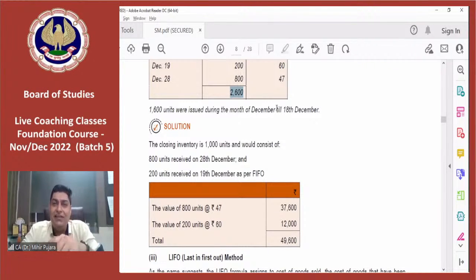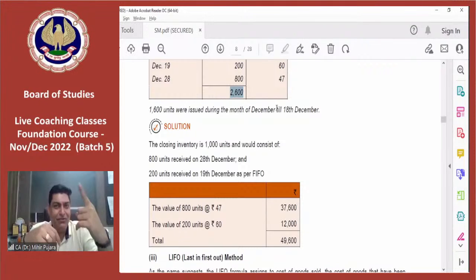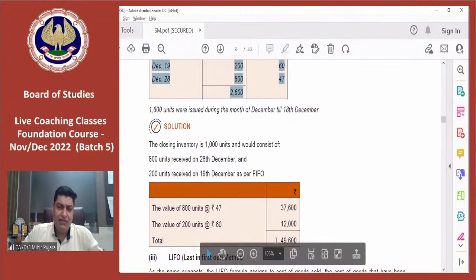The only way which remains in your understanding is one small point. Sir, 2600 we have purchased, and as we have purchased, we know the purchase price, because we have bills and invoices. Sir, out of this we have issued 1600.